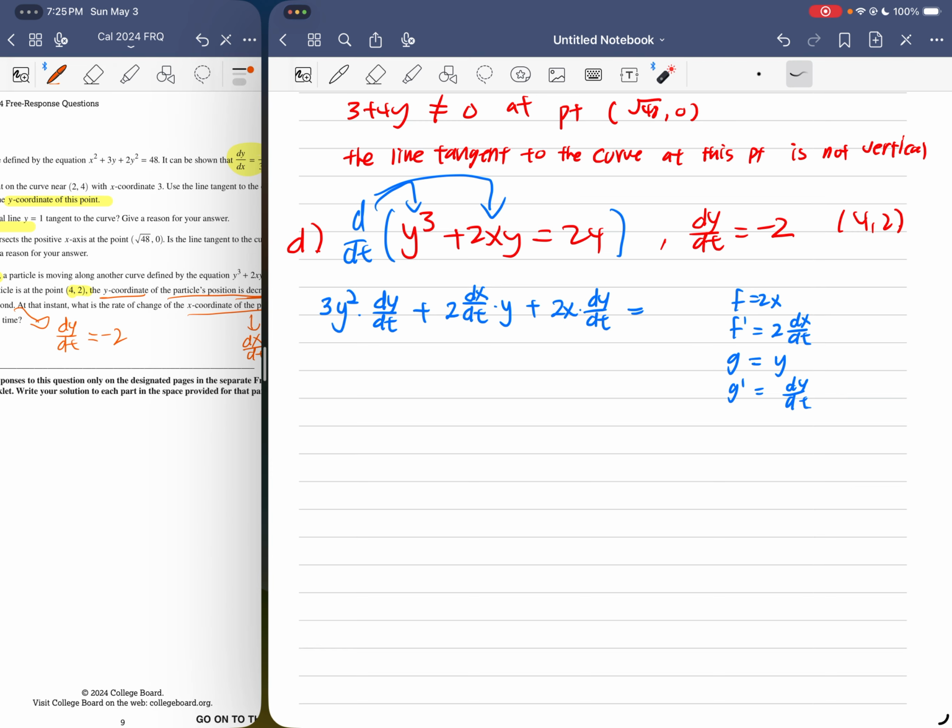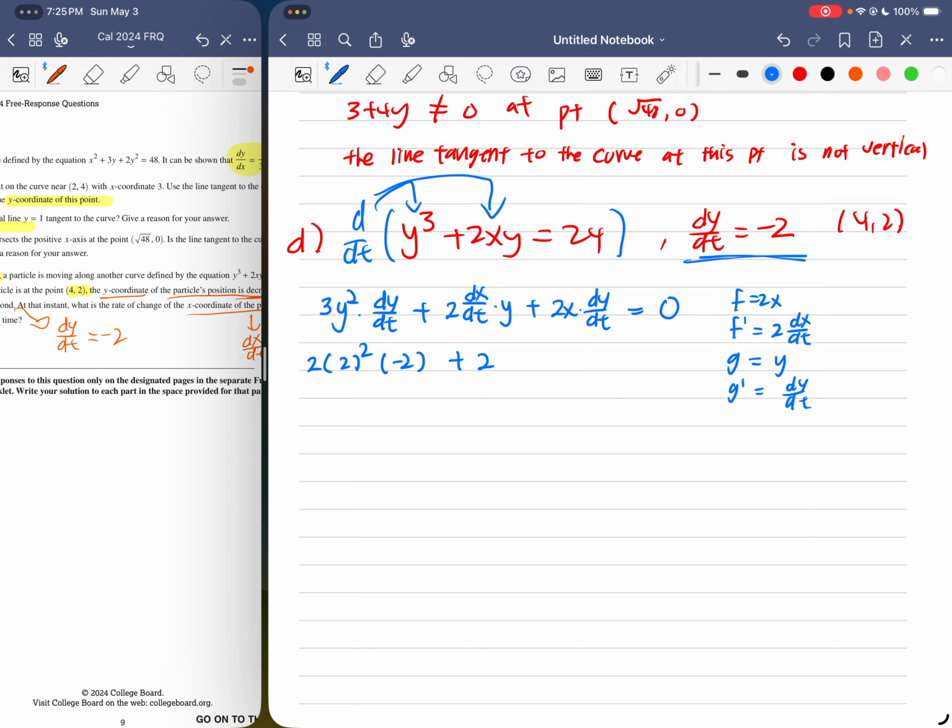equals, so we finished taking the derivative over here, the derivative of 24 is equal to 0. So in my opinion, the only difficult part is this one, taking the derivative of this. All right, so let's plug in what is given to us. Instead of y, I'm going to plug in 2. Instead of dy/dt, I'm going to plug in -2, plus 2 times dx/dt.